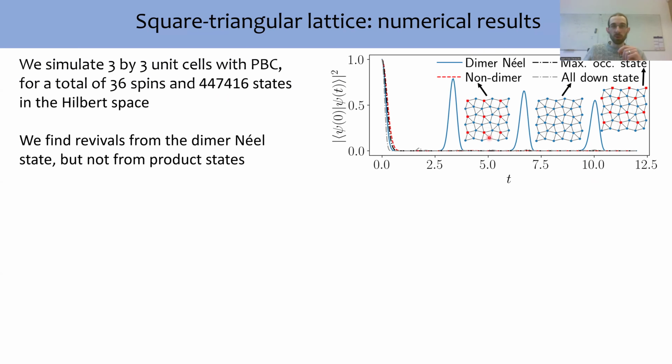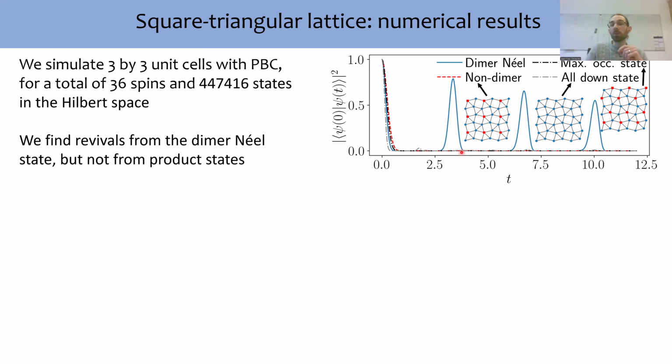For the non-dimer states, we pick our dimer state and instead of a Bell pair, we pick one state in each dimer. This is the all-down state with no Rydberg excitation, and this is a state with maximally packed excitations. And all of these show the same behavior: they just thermalize. So what we see here seems to be genuine scarring and not any kind of finite size effect.